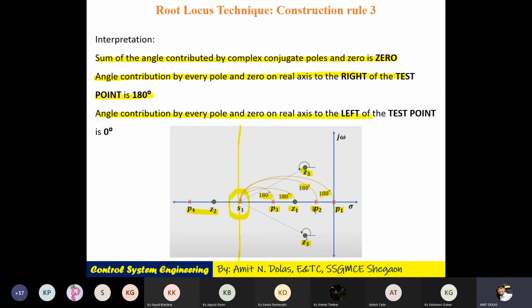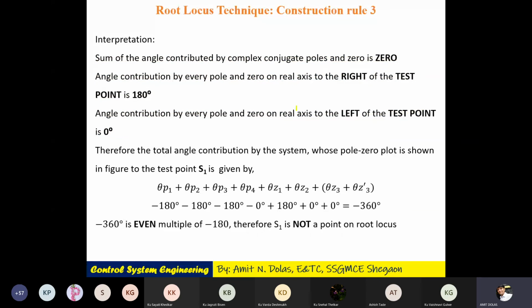The angle contributed by every pole or zero to the left of the test point is 0. How many are on the left? 2. So it will be 2 zeros. Let's do the same: summation of all. So it will be minus 180, minus 180, minus 180, minus 0, plus 180, plus 0, plus 0. I just summed everything. So it will be minus 360. And what is the angle criterion?